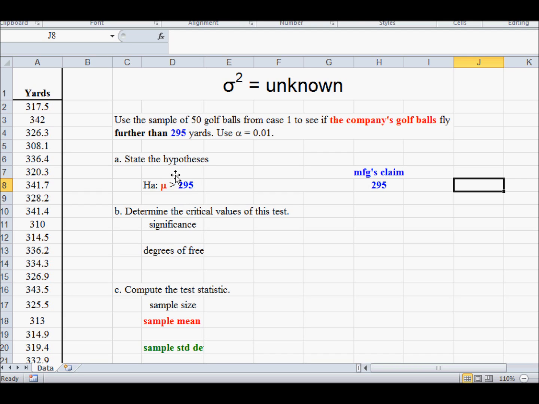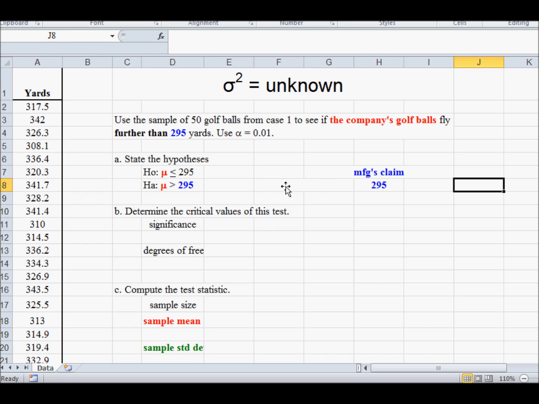The null hypothesis is the opposite of that statement. The null hypothesis always includes equals, as you can see right there. So the null hypothesis, H0, is that the average flight of the company's golf balls is at most 295 yards.